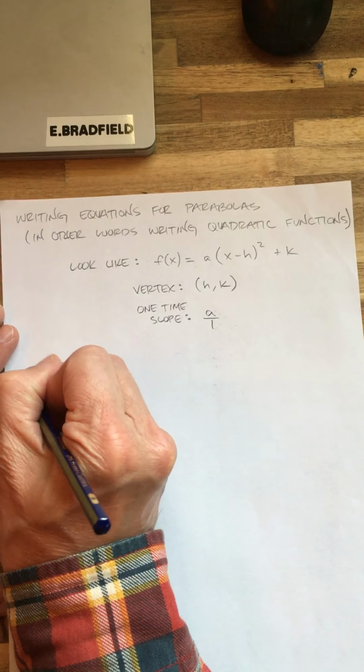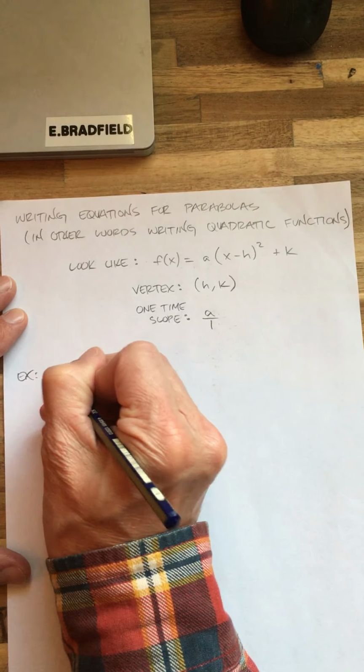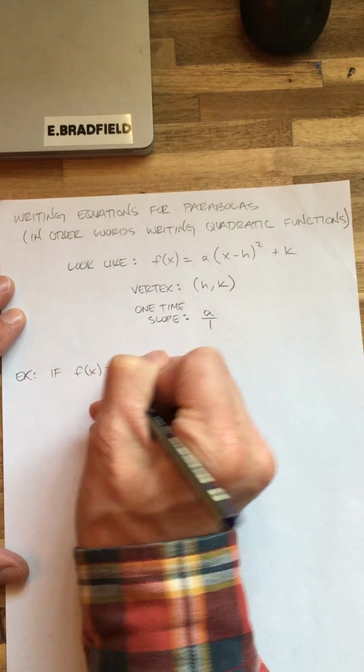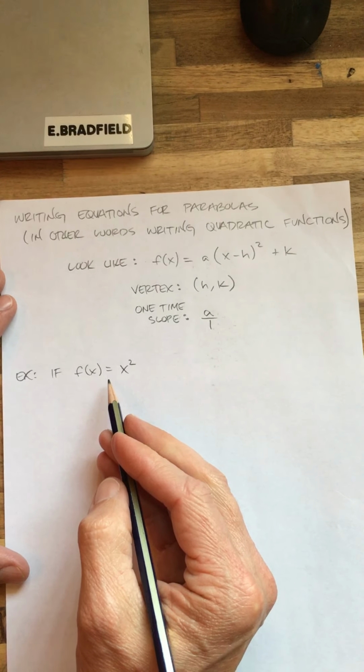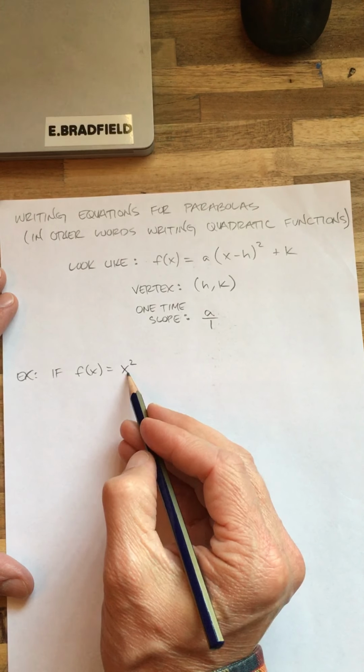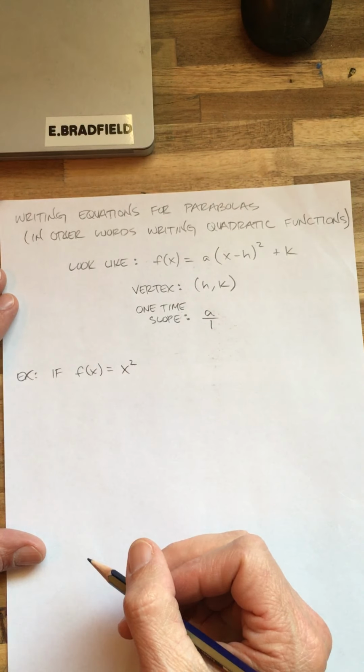Let's try this example. If f of x equals x squared, by the way, that's a quadratic function. Whenever you see x squared, that means it's quadratic, just like whenever you saw those two bars, that meant absolute value.